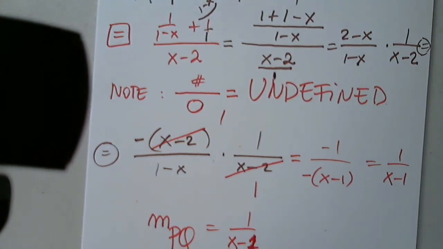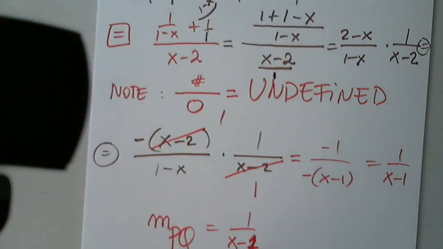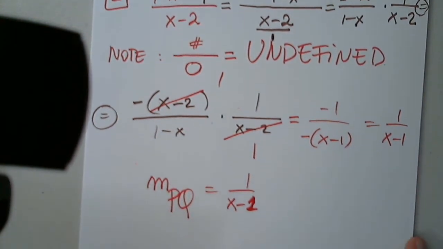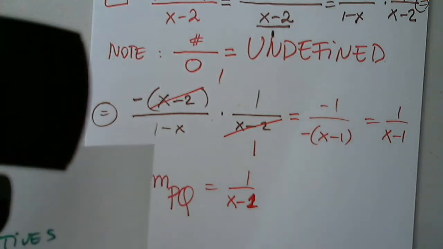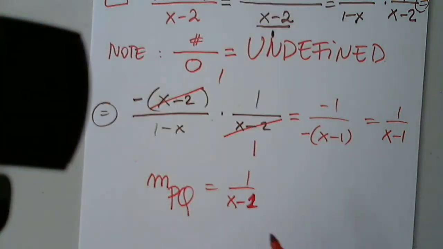And now again, can you plug in 2 in here and tell me the slope? Is it undefined? Let's try again. Can you plug in 2 now in this expression?